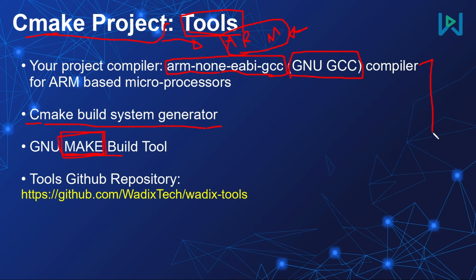I have provided all those tools as part of our Wadix Technology tools repository. Hence, cloning and checking out this Git repository will give you access to all of those tools.